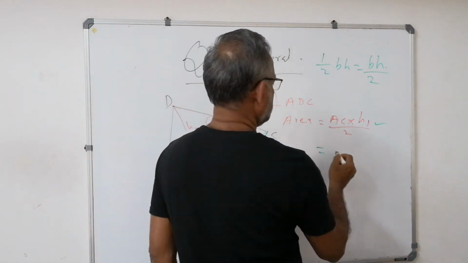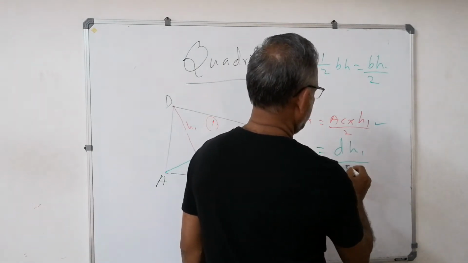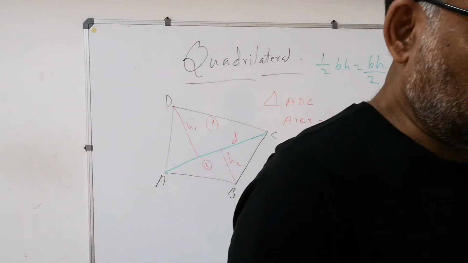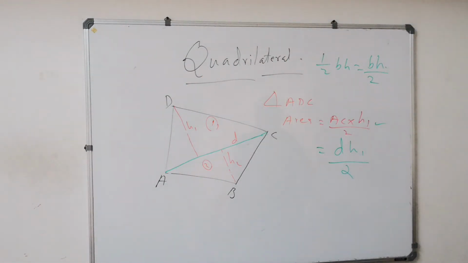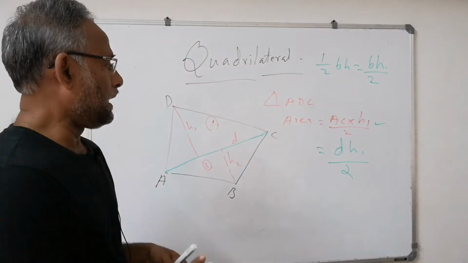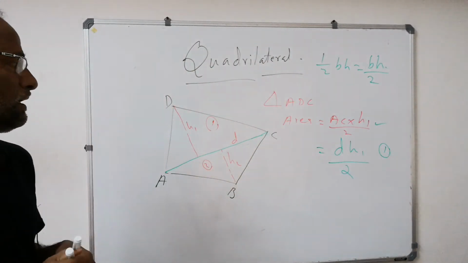Now, I can say AC is the diagonal, D into h1 by 2. The area of the first triangle is D into h1 by 2. Do you agree or not? Okay, of course it is correct.